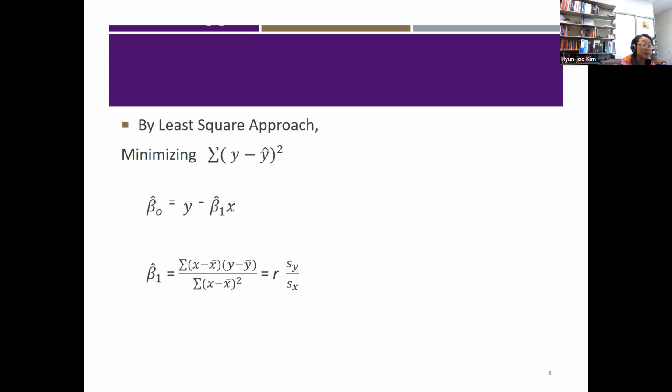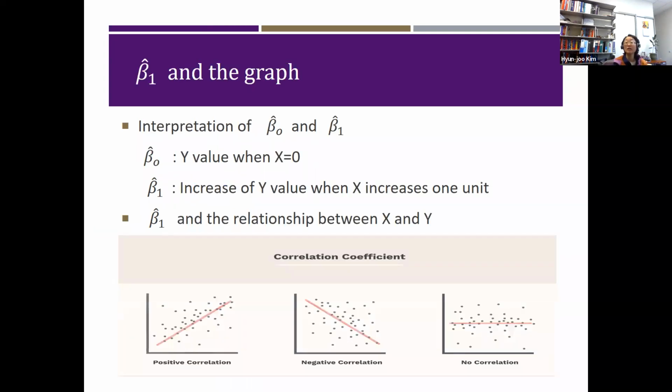More importantly, we need to understand how to interpret these values, especially in terms of the relationship between X and Y, our independent variable and dependent variable. So how are we going to interpret beta naught hat and beta 1 hat? Beta naught hat is the y-intercept, and beta 1 hat is the slope. When X increases by 1 unit, what happens to Y is beta 1 hat.